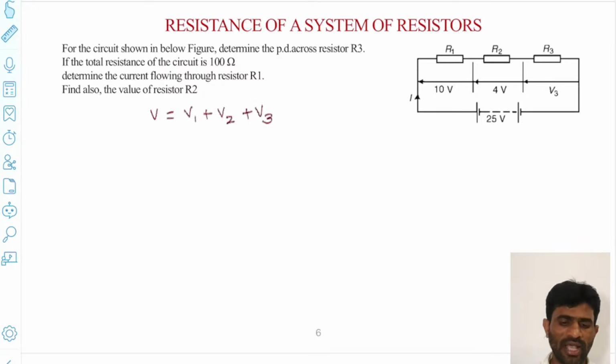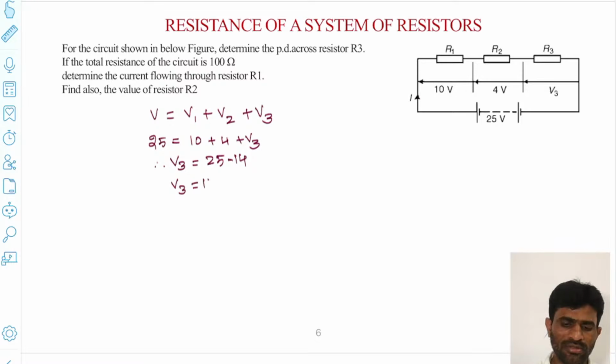We know V as 25, that is equal to 10 plus 4 plus V3. So therefore V3 is equal to 25 minus 14. So V3 is equal to 11 volts. So your answer is correct.